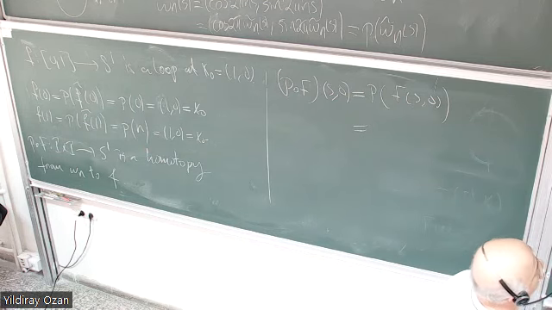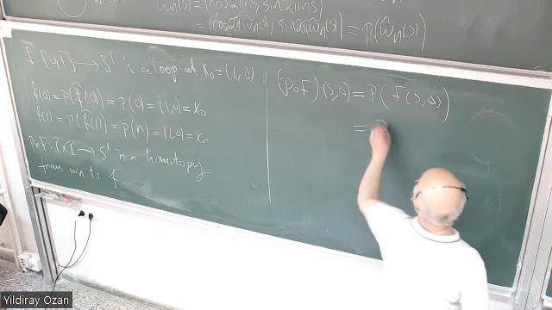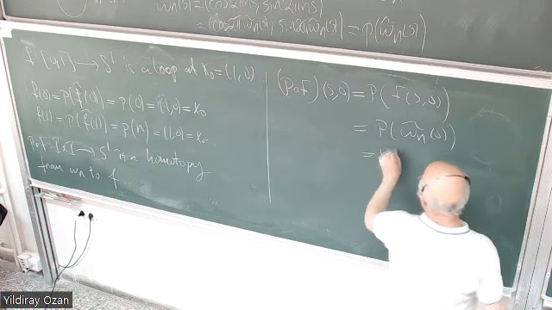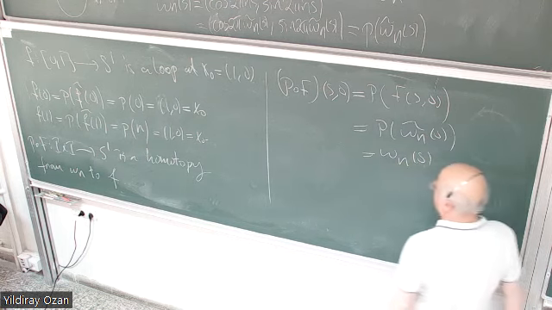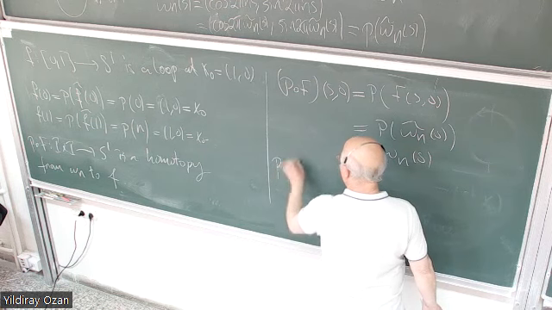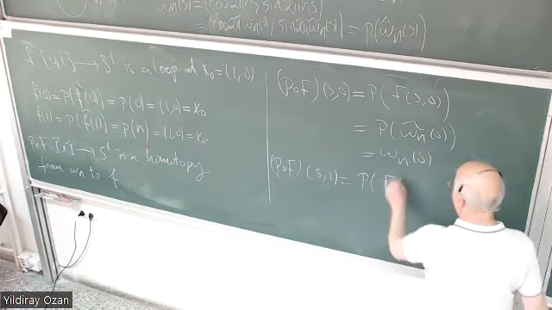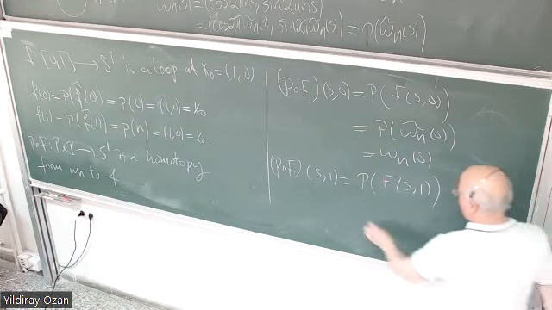But f s0 was s0, it was Wn tilde of s, and this is just Wn of s. P composition f s1, this is p of f s1.